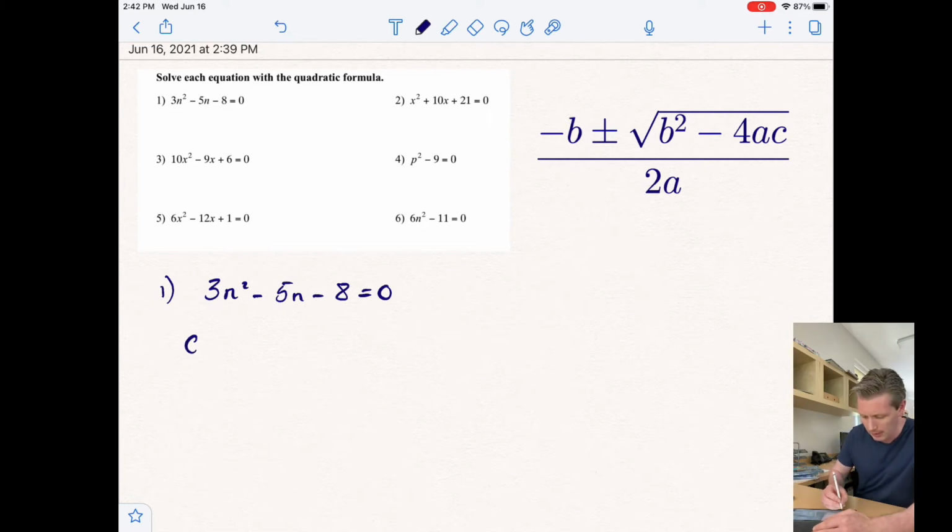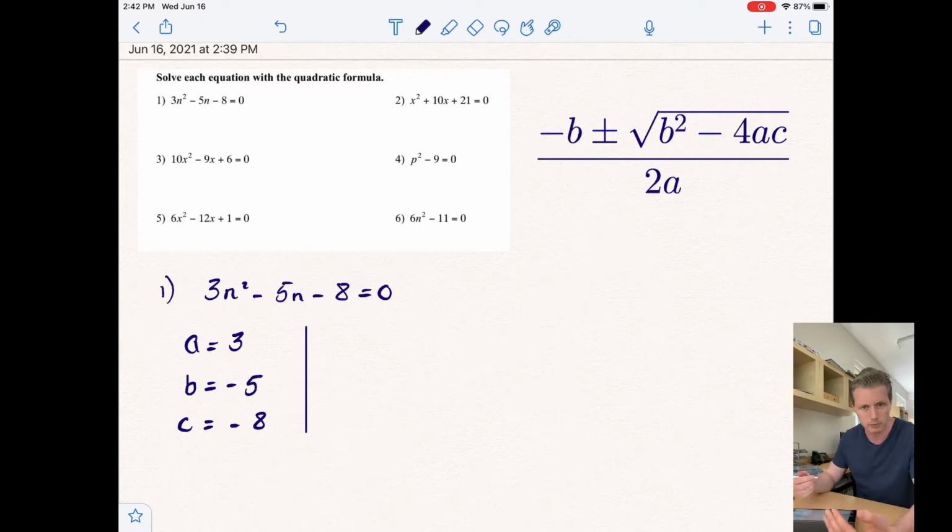My a is the coefficient of my square term, n squared, so that's 3. My b is negative 5, and c, my constant at the end, is negative 8. Once you've correctly identified the coefficients, in many ways that's the hardest bit done.